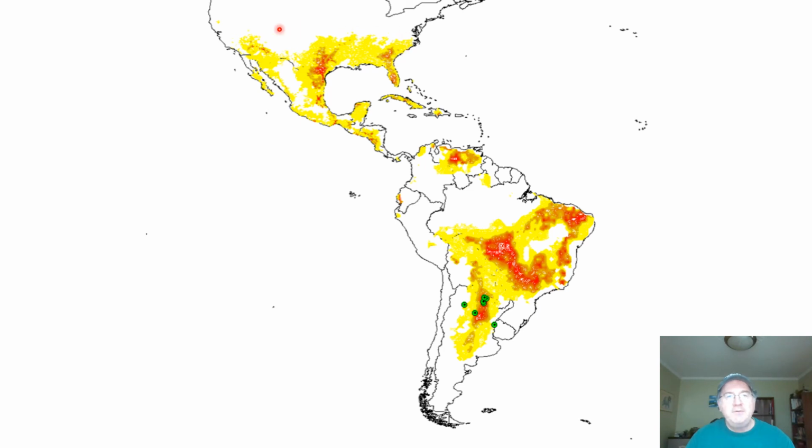So you can see the potential range expansion of this moth if it were accidentally introduced into the US. I'm sure you can think of other parallel sorts of uses of ecological niche modeling. If you're looking for a biological control agent, where should you go look? Well, it depends on where you want it to be introduced.